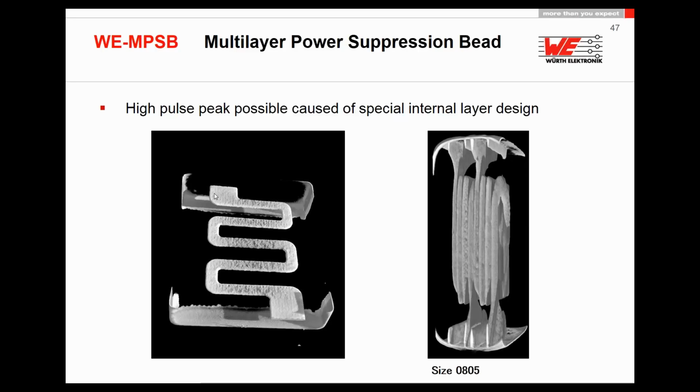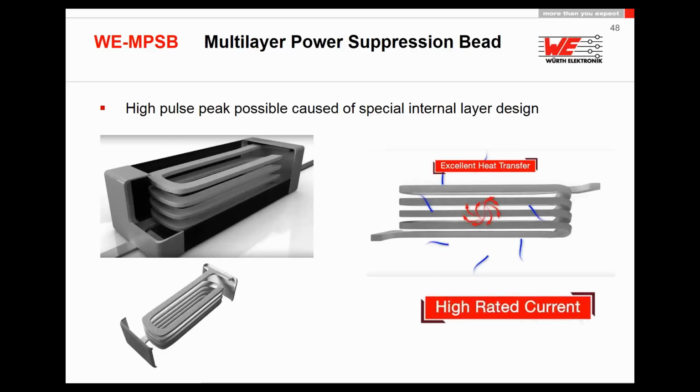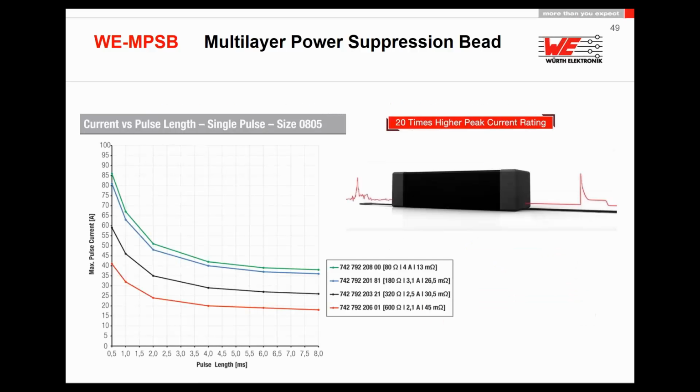You can see the layers are made in a different way than the standard multilayer, and also the layer thickness is much thicker, and we have 10 times lower DC resistance. With this construction we can admit 20 times higher peak currents through these ferrite beads, and they will withstand this pulse because we tested them before.